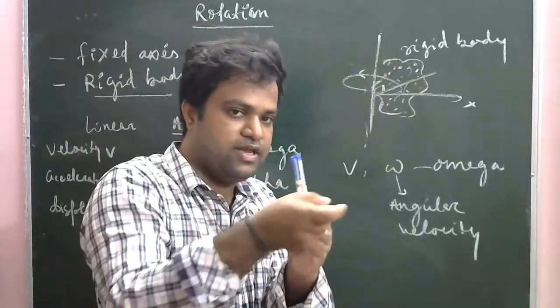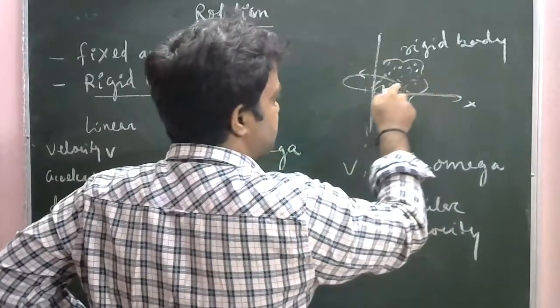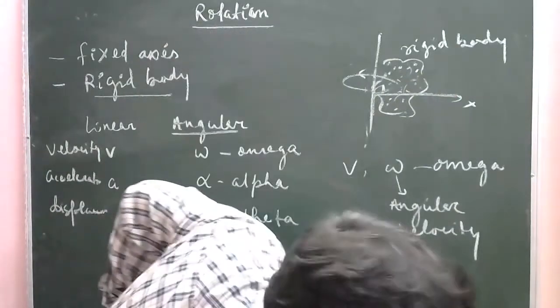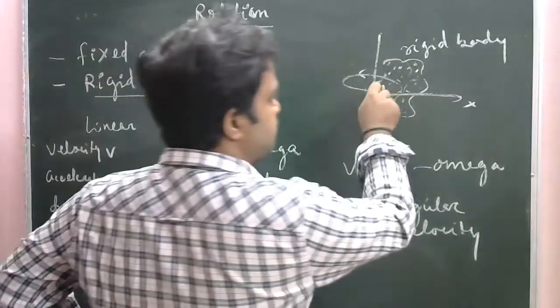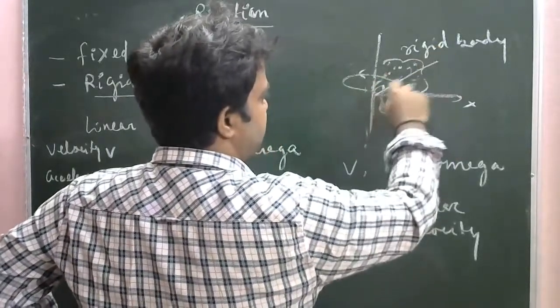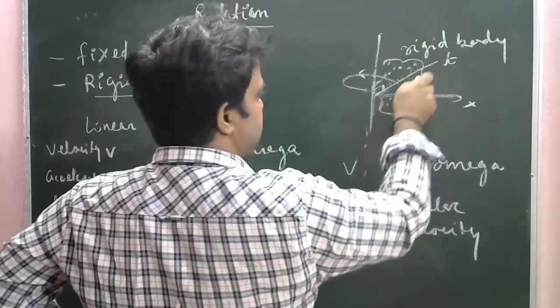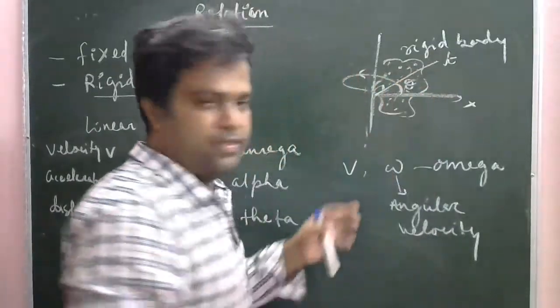So this is your reference line, and initially, let's say the object is here. And after time t, it revolves around and makes this angle theta.